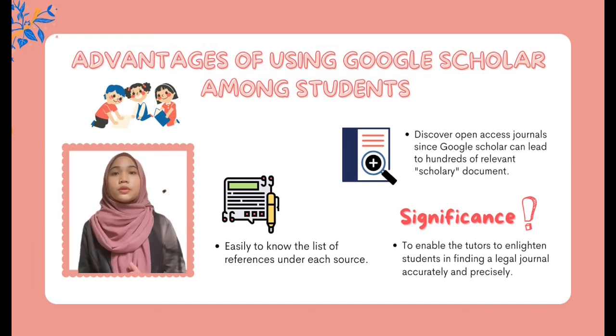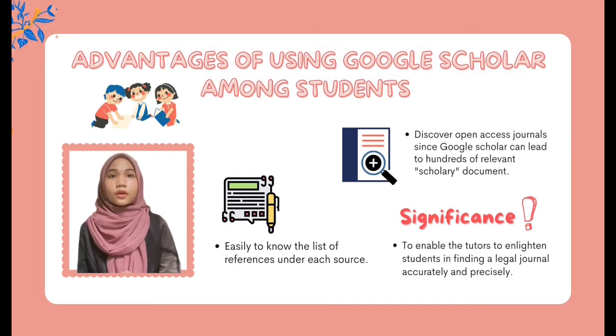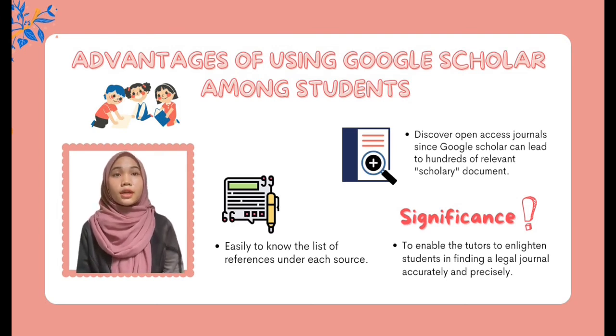By using Google Scholar, students can discover open access journals, since Google Scholar can lead to hundreds of relevant scholarly documents. Furthermore, there is the cited by feature in Google Scholar. It shows students can easily know the list of references under each source.